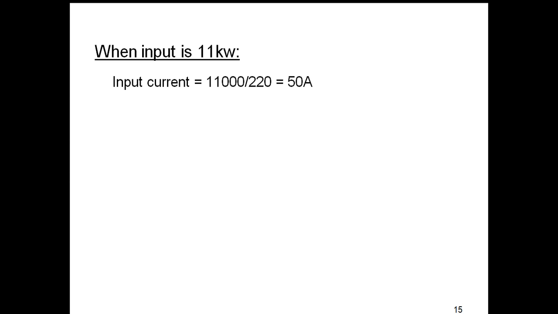So to know the current I, we have to divide P by V, that is 11,000 by 220. We get the input current as 50 amperes.